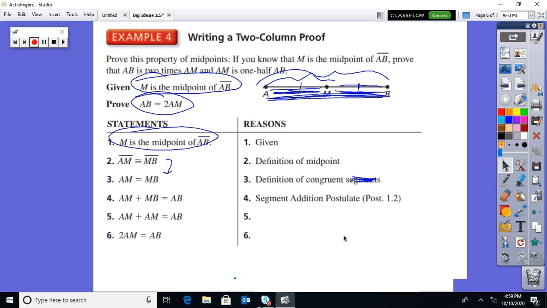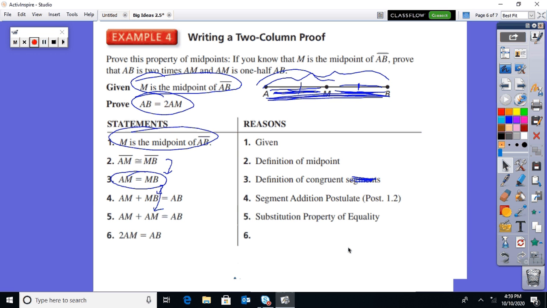Moving along further here, how did we get from AM plus MB equals AB to AM plus AM equals AB? Well, this is a powerful statement. They're equal to each other, so anywhere you see an MB, you can substitute in an AM because AM is equal to MB.